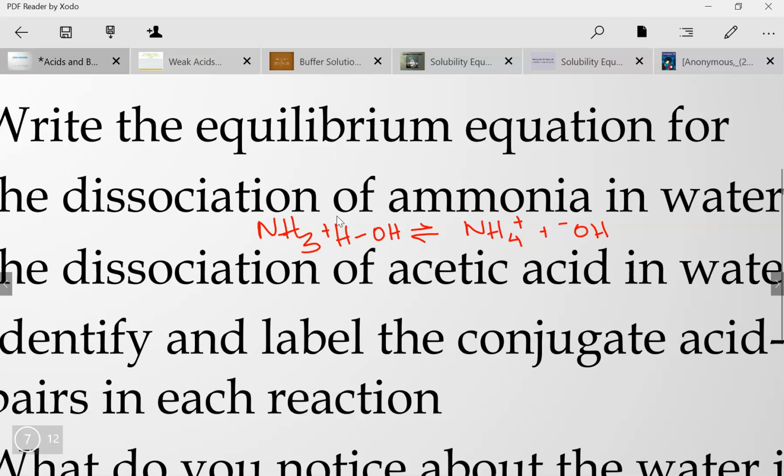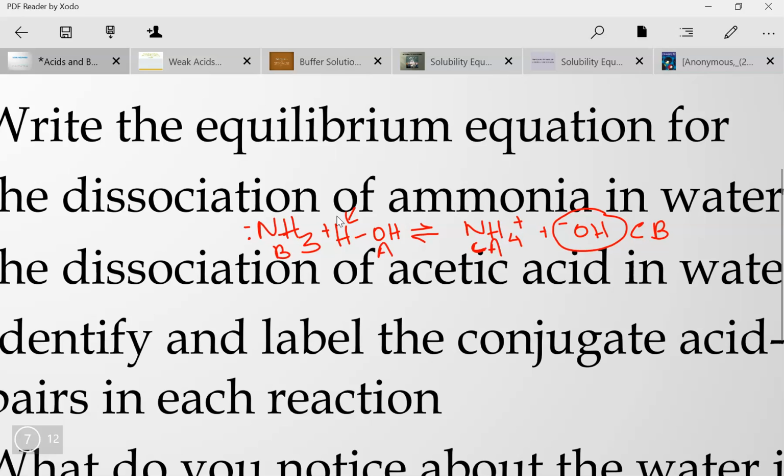And here, ammonia has a lone pair, so it's acting as a base. Water has a hydrogen over here, so it acts as an acid. The water gives away the hydrogen to form OH minus, its conjugate base. Ammonia accepts that hydrogen to form NH4 plus, ammonium, its conjugate acid.